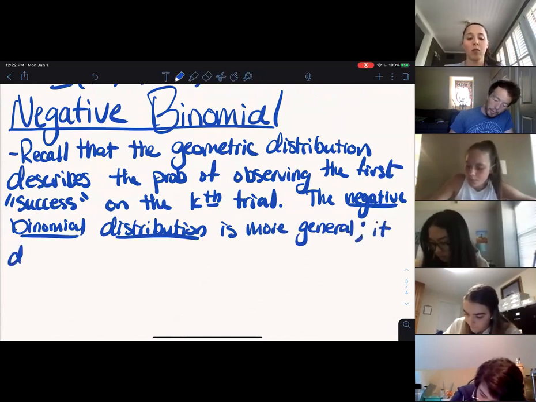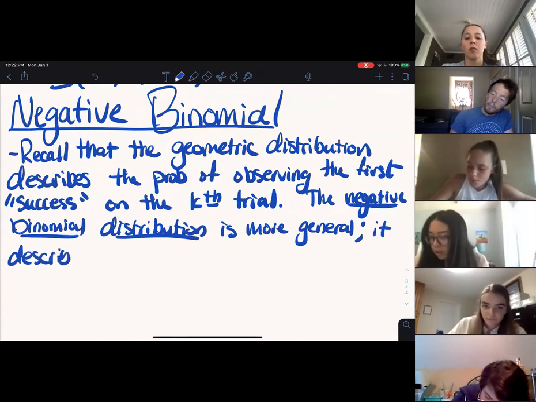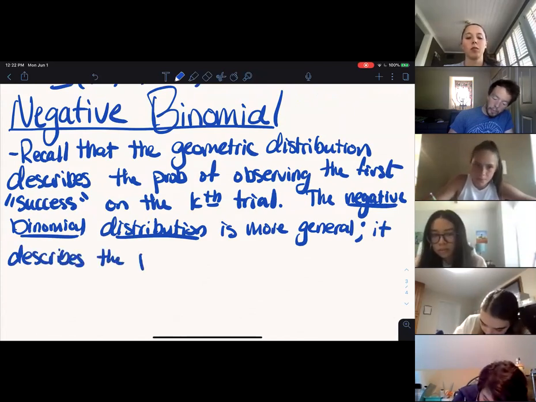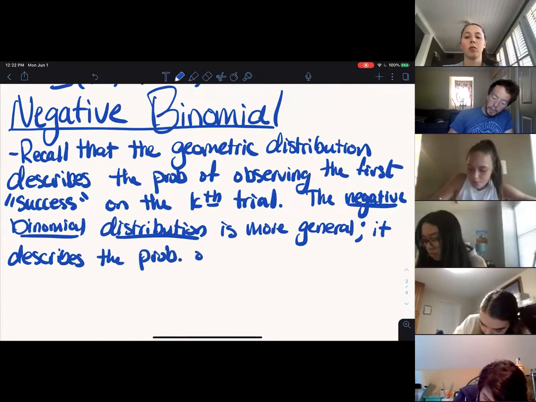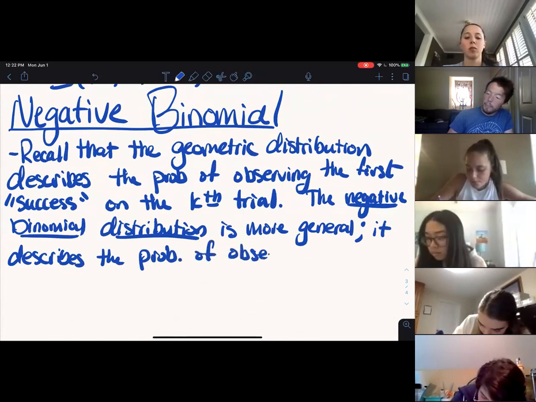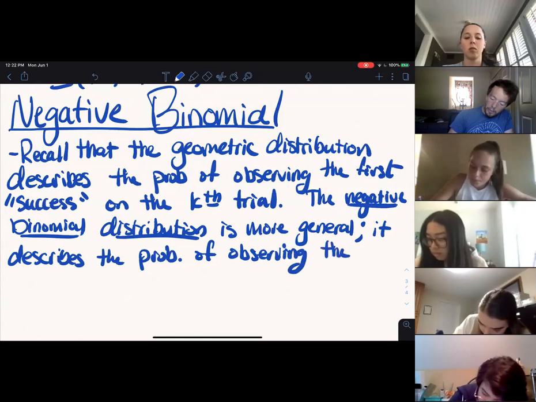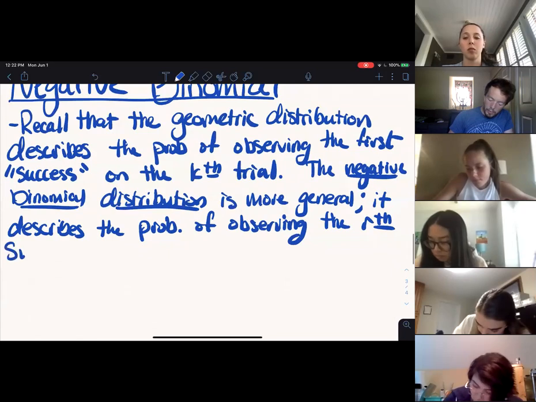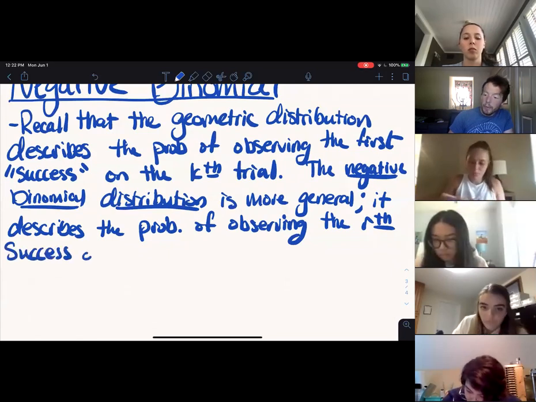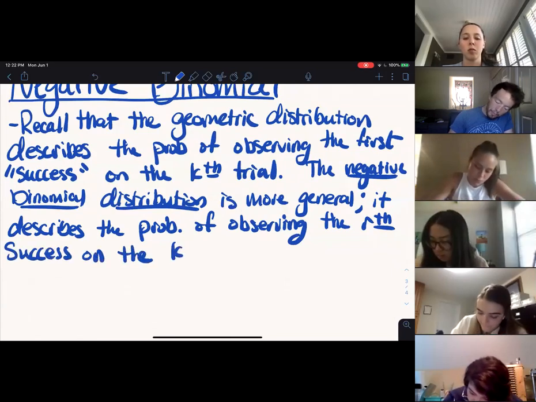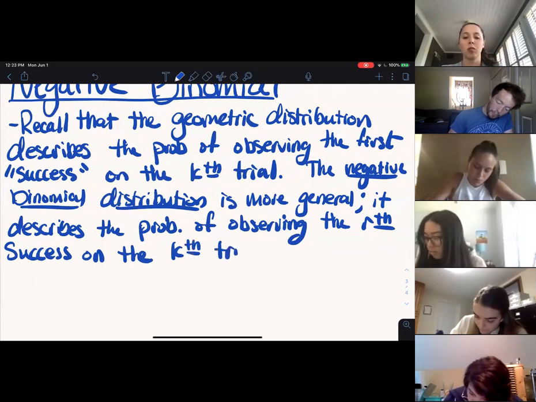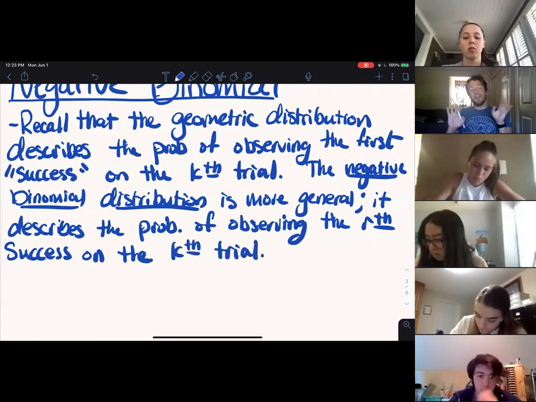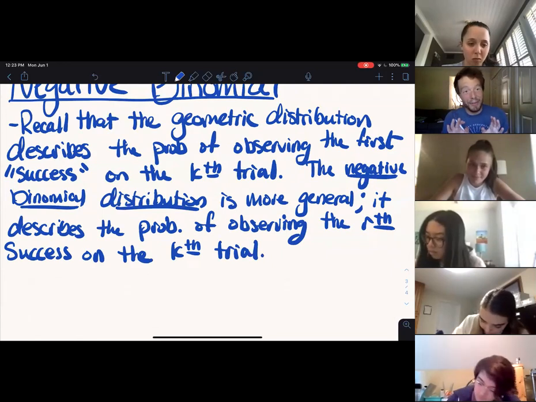It describes the probability of observing the rth success on the kth trial. So if that was a little esoteric for you, take a step back for a second.